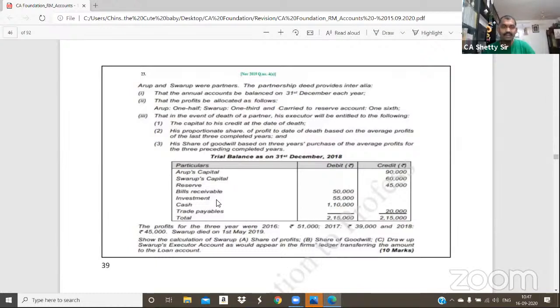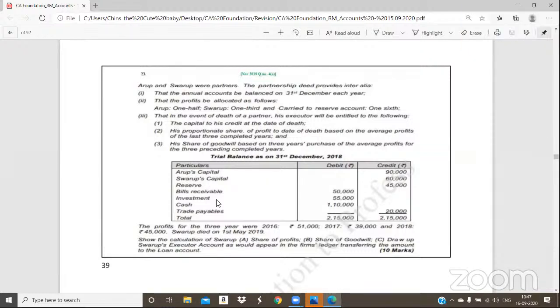What does it mean? There are only two partners. One partner died. There's only one partner. One person will have a partnership with himself. This is not relevant in this question, but use the brain somewhere. Are you understanding, my dear friends? Yes, sir. Next.